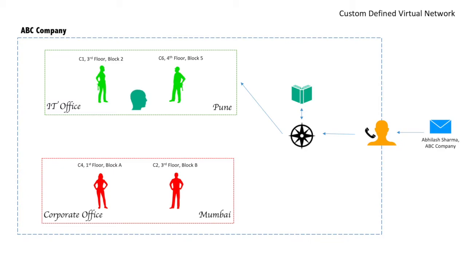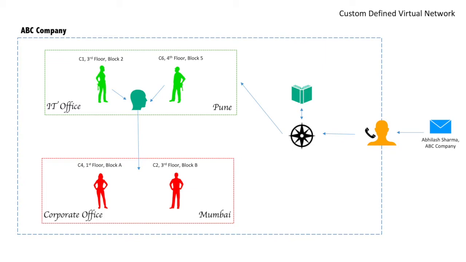Now, what about a person who needs to be contacted within a corporate office? Obviously, he is a higher management person. He would not be contacted directly by the outside world. He would have some person like a secretary who would be a mediator in between for reaching out to them.